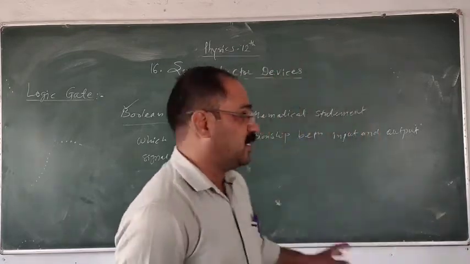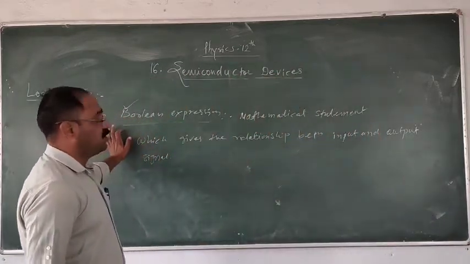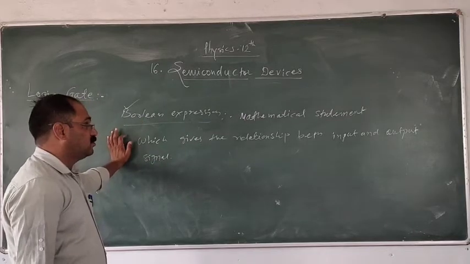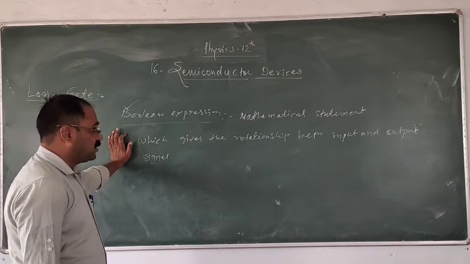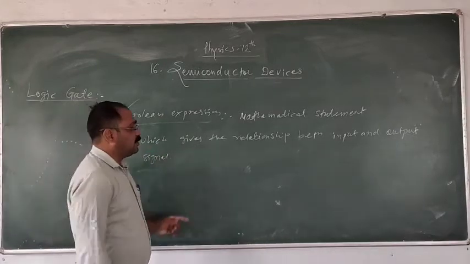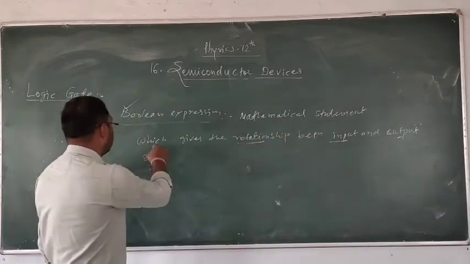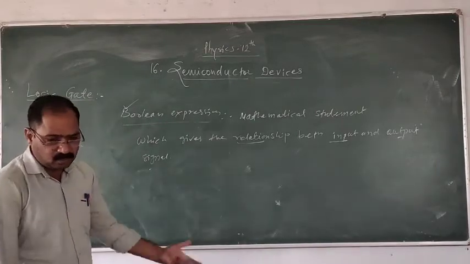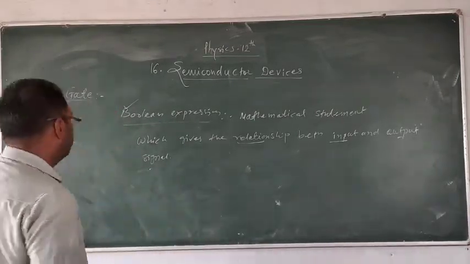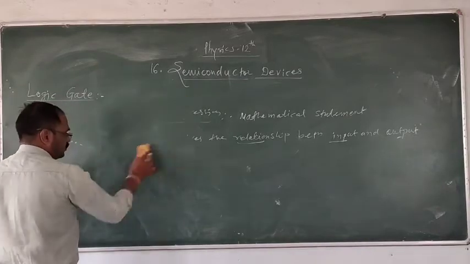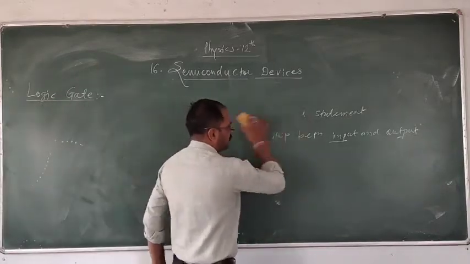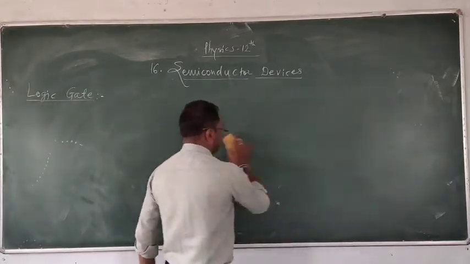That mathematical statement is called the Boolean expression according to Boolean algebra. That is, the mathematical statement which gives the relationship between the input and the output signal is called the Boolean expression.